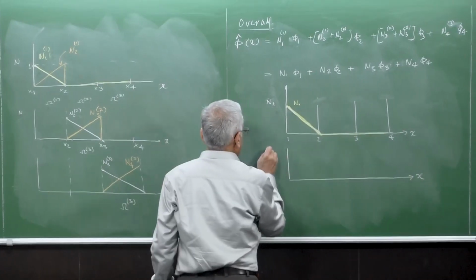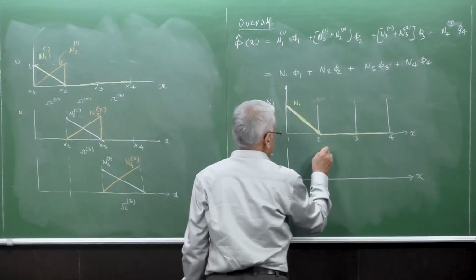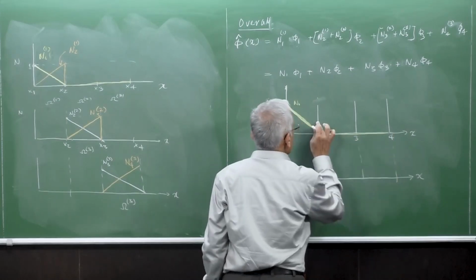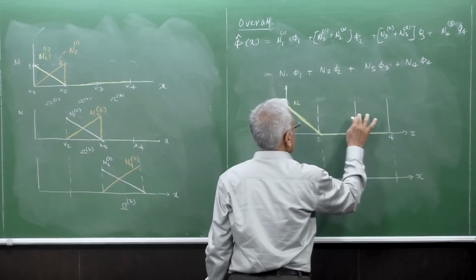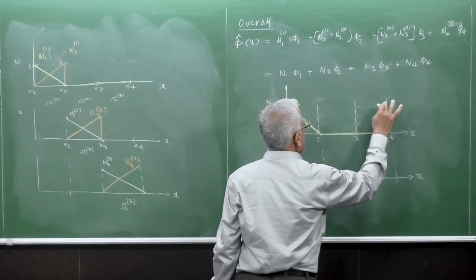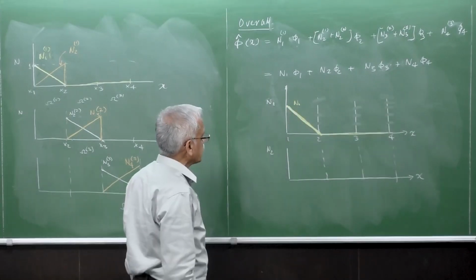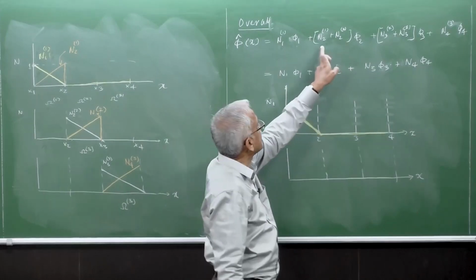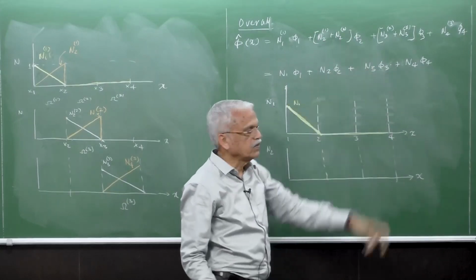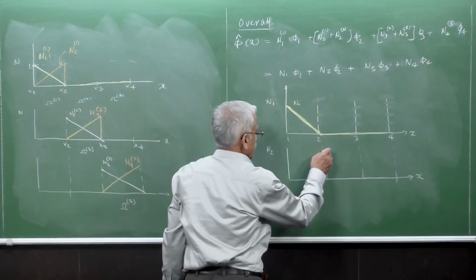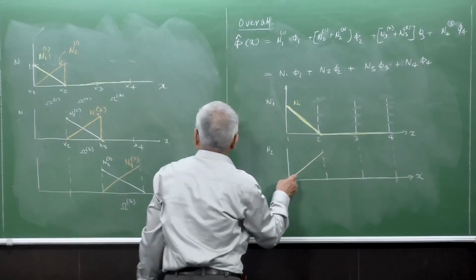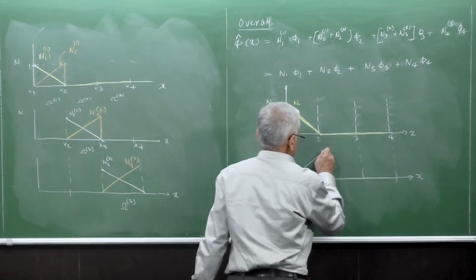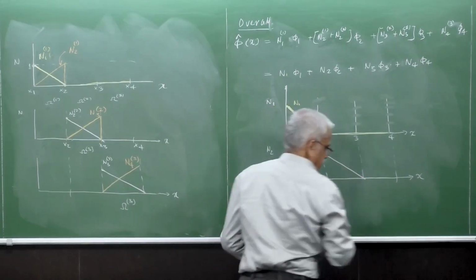what will be N2. For N2, it has two definitions, N2 in 1 and N2 in 2. So N2 in 1 will be like this, right? So that's what we have, N2 in 1, and this is N2 in 2.